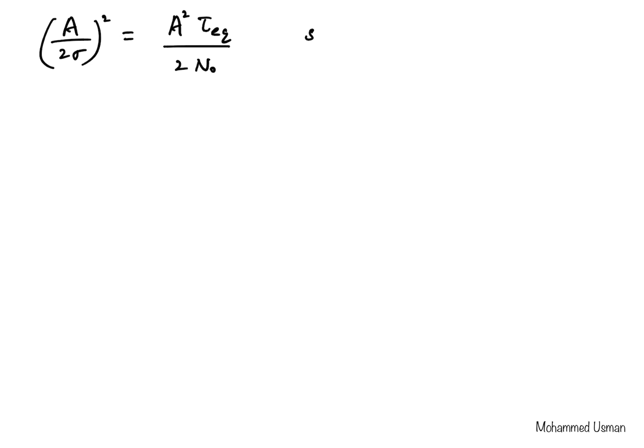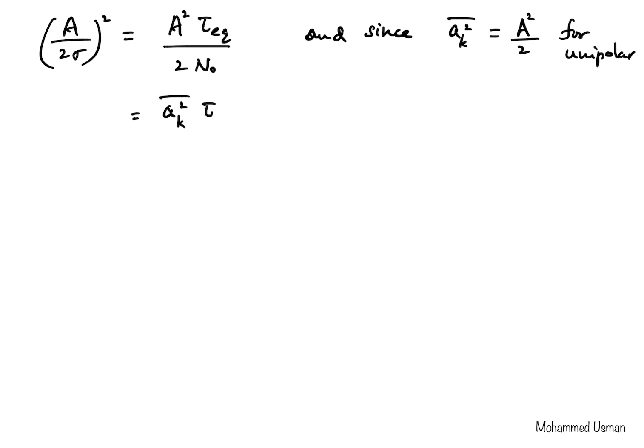And since ak square bar is equal to a square by 2 for the unipolar case, this term a square by 2 is ak square bar. So you can write this as ak square bar tau equivalent divided by n naught.